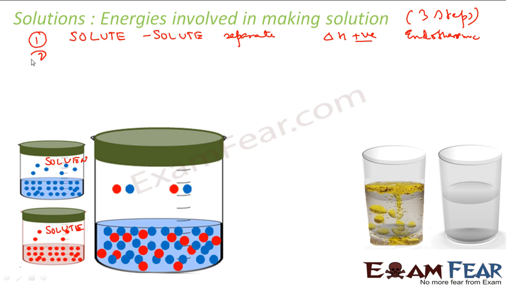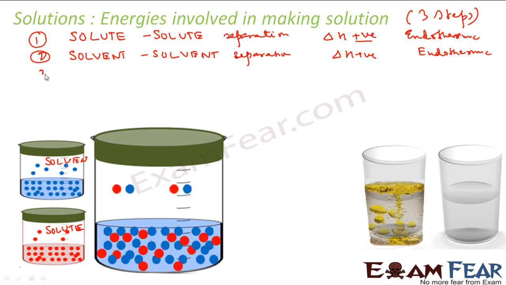The next is again solvent separation. To separate things you always need to give heat. This is solvent separation again. Here also delta H will be positive and it has to be endothermic. The next one is solute-solvent cohesion, because once you break the bonds you have to form the bond, right?